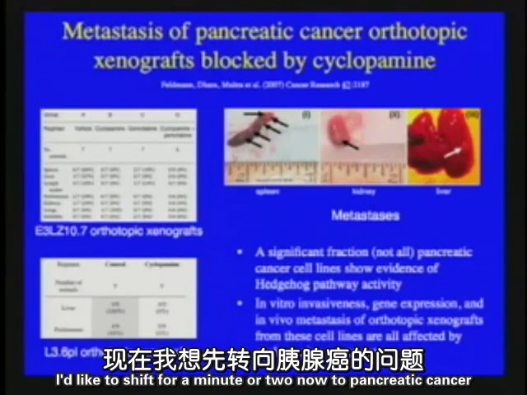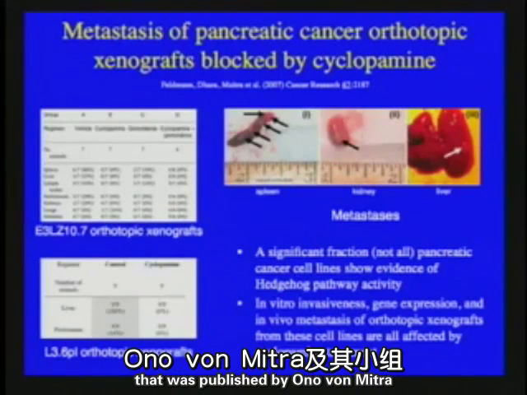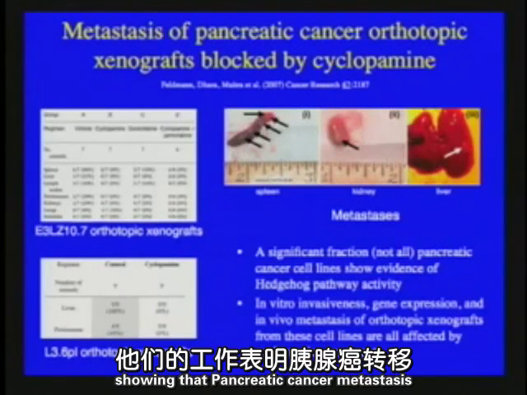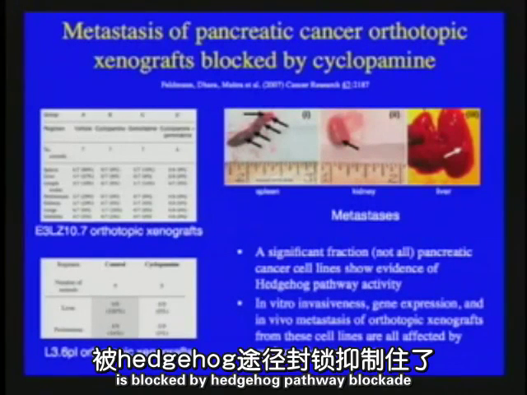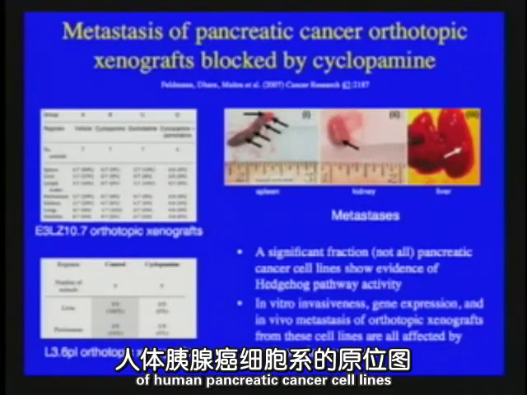I'd like to shift for a minute or two now to pancreatic cancer to tell you about some recent work that was published by Anirban Maitra and his group at Hopkins, showing that pancreatic cancer metastasis is blocked by hedgehog pathway blockade. And so the methodology here was to make orthotopic grafts of human pancreatic cancer cell lines.